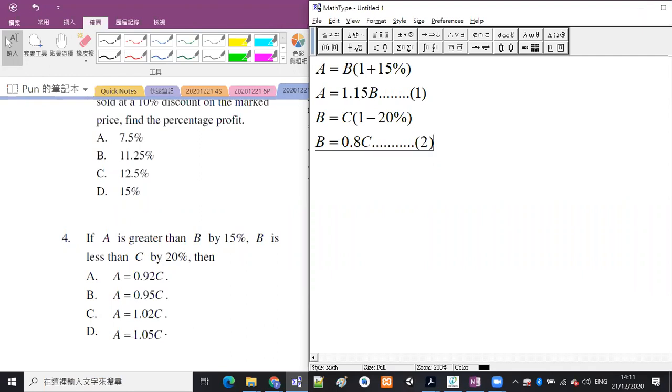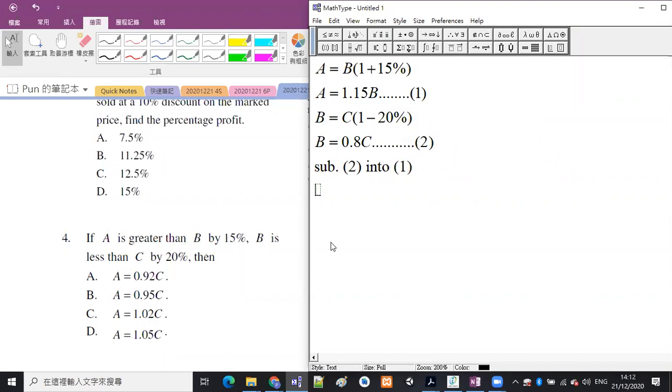If I want to find a relation between A and C, I need to remove the B. I need to get rid of the B. Okay, and now from equation 2, B is the subject, which is expressed in terms of C. So when we substitute this B into the equation 1, then we can successfully remove the B. Okay, so we are going to do this sub 2 into 1.